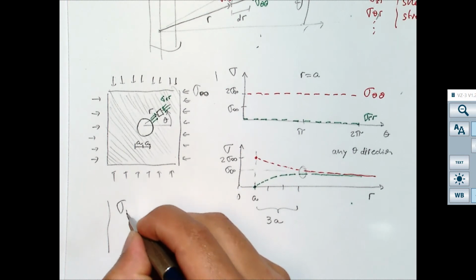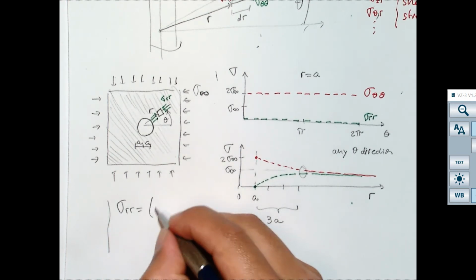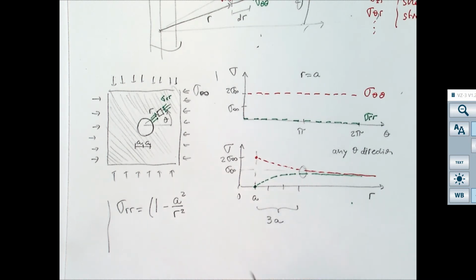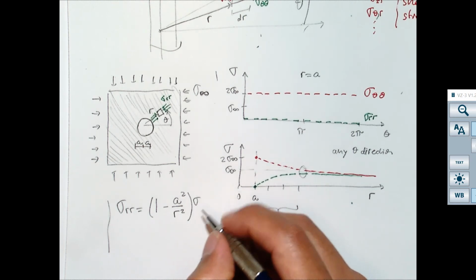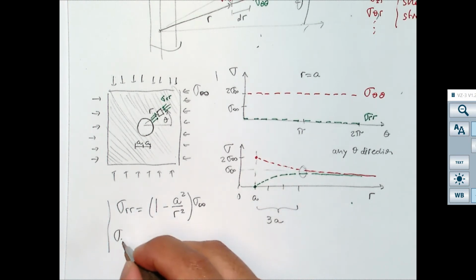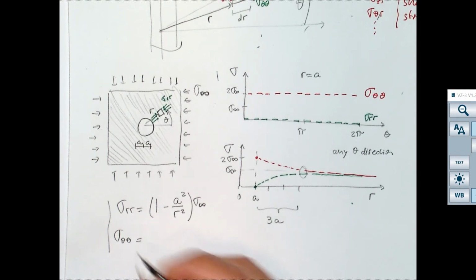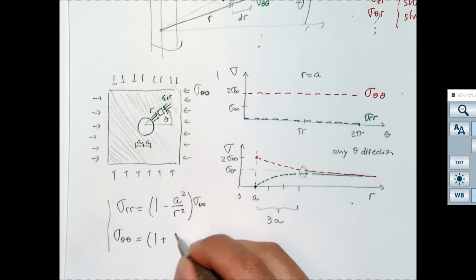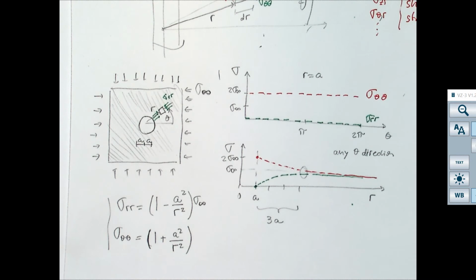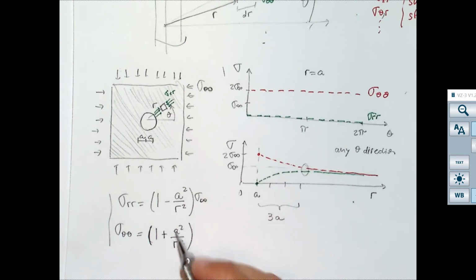What Kirsch found is that sigma RR, in this case the solution is going to be 1 minus the radius of the wellbore divided by the distance from the wellbore squared, both of them, times sigma infinity, and sigma theta theta is going to be 1 plus, and notice the difference in sign, 1 plus the radius of the wellbore divided by the distance from the wellbore squared times sigma infinity.